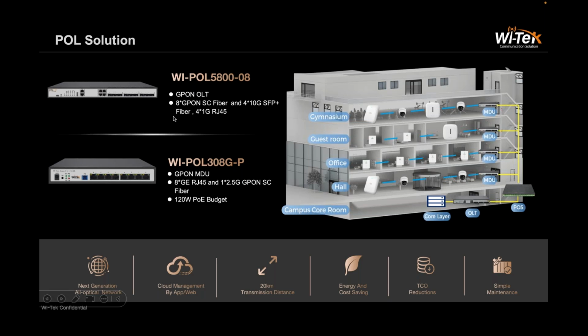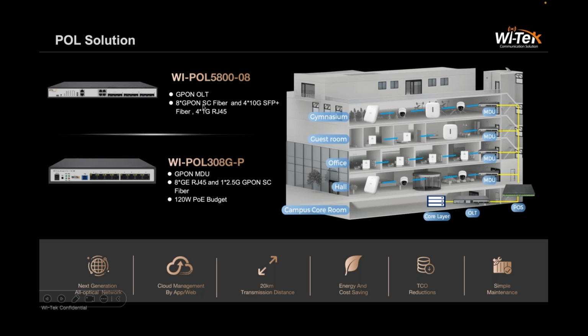First, we can see the specs of two devices. This is the OLT, POL 5808. It is a GPON OLT with 8 GPON fiber ports and 4 10G SFP Plus ports, which are normal fiber links.